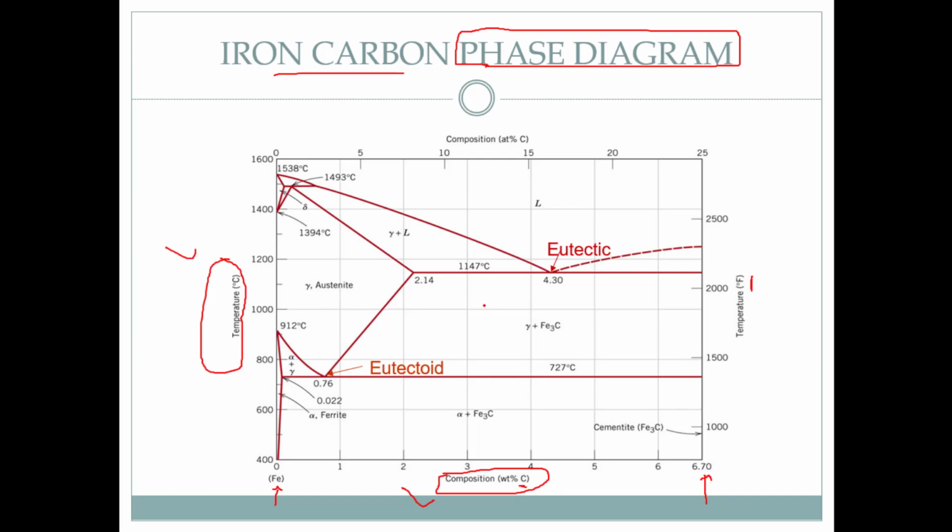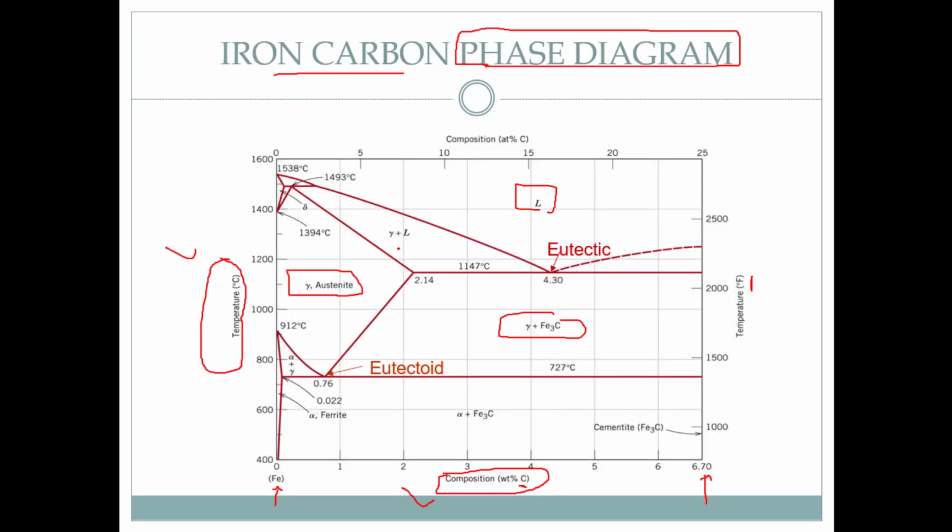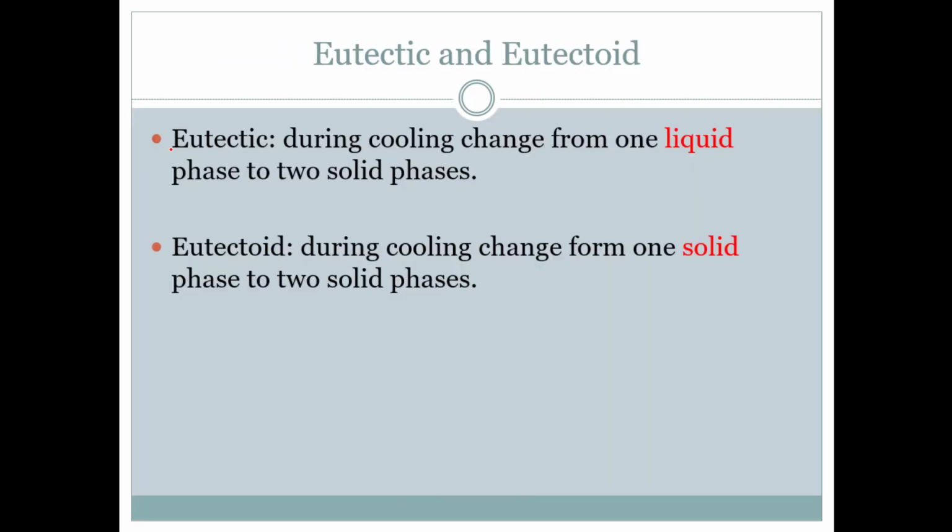Of this phase diagram. Okay, you can also notice that here we have single phase, here we have single phase. Okay, here we have two phase. We'll talk a lot about all of them. Okay, now also here you can see this point, we call it eutectic, and this point we call it eutectoid. Okay, what do we mean by eutectic and eutectoid?